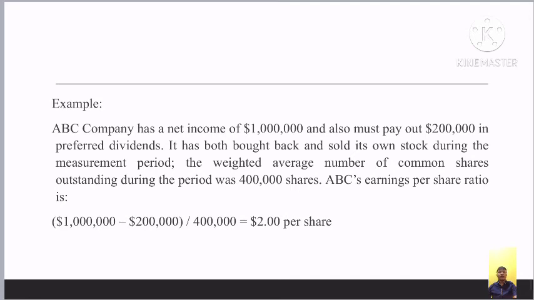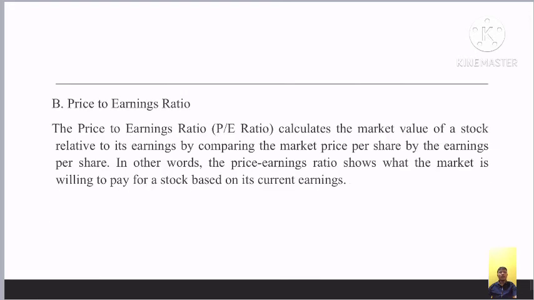The weighted average number of common shares outstanding during the period was 400,000 shares. ABC Company's earnings per share ratio is $1 million minus $200,000 divided by 400,000 equals $2 per share.